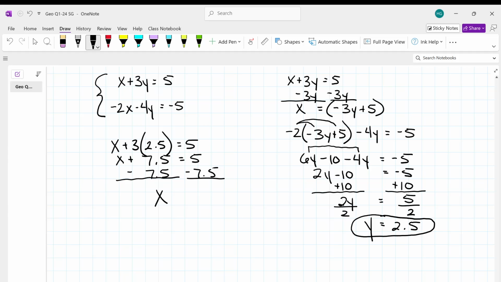So on the left-hand side, we get an x that's equal to 5 minus 7.5, which is negative 2.5. All right, so we've got a value for x, and we've got a value for y.